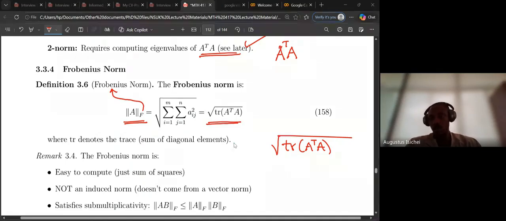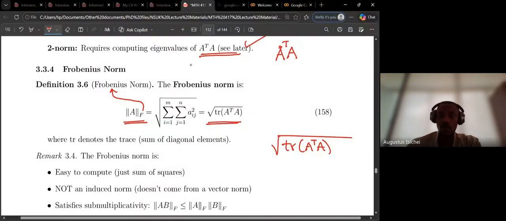Let me answer my question myself. Already, I have it in my notes. I said where tr denotes the trace. And what is the trace? The trace is the sum of diagonal elements. The trace of a matrix is the sum of diagonal elements.